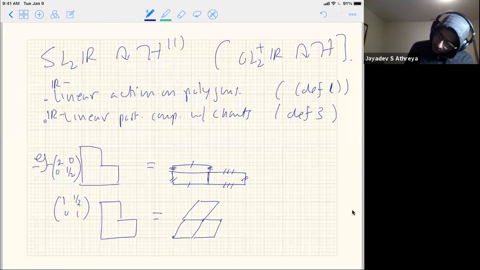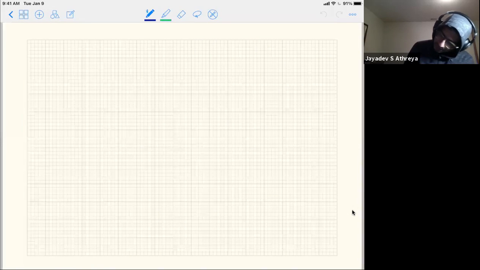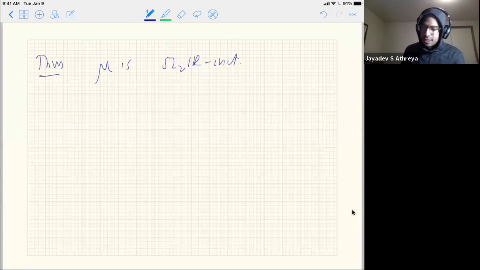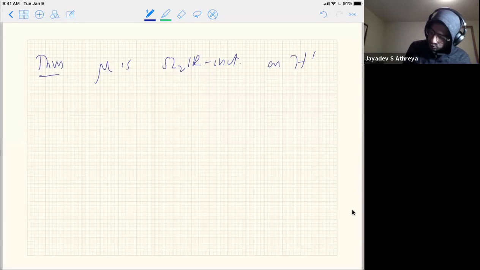And so more than Masur and Veech's result that the measure is finite, the crucial point is, maybe a revised version of the statement, that mu is SL2R invariant. That's actually not very hard to see. This SL2R action preserves the area of surfaces, and so mu is SL2R invariant on H1.